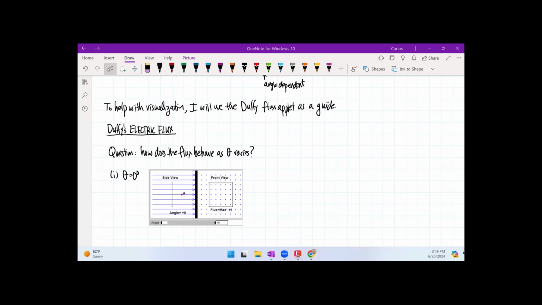So what I'm seeing here is that I have a side view, and when I'm looking at my side view, I have this flux like this. So this is my rectangle, okay? And so when I'm looking at this rectangle, what I'm seeing here is that I have these E fields. So what are the E fields doing? They're coming in, and then they poke through the surface.